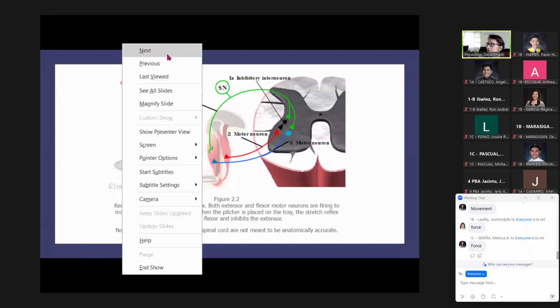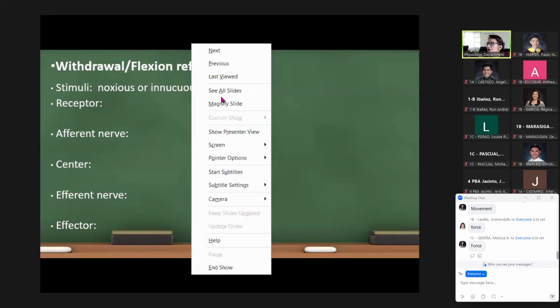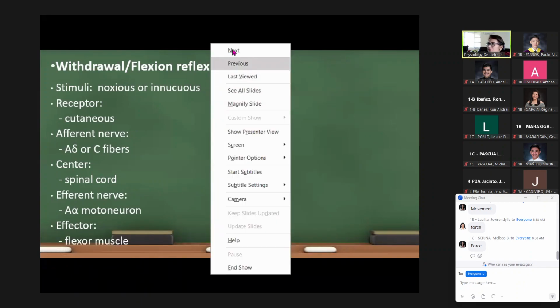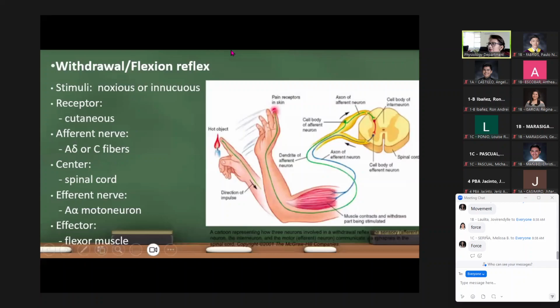Okay, and then you also have these reflexes, the withdrawal or flexion reflex. These are the components. Hindi na natin masyadong i-discuss to, medyo elementary to. The pinaka-common na example dito is this hot object.